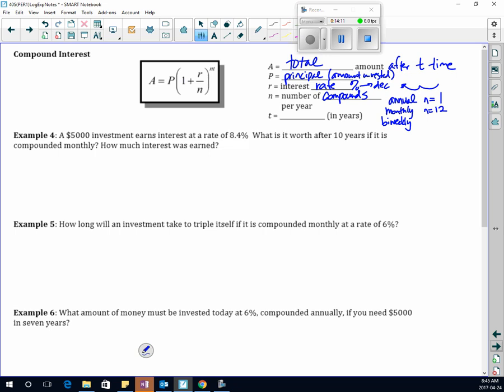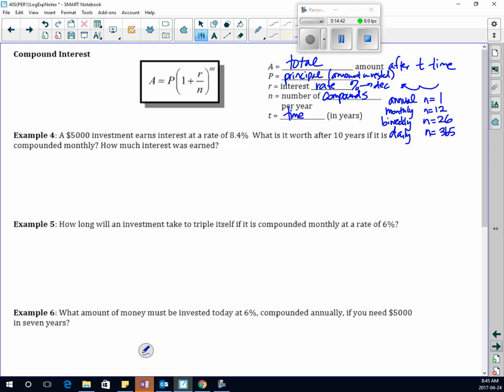What would biweekly be? Every 2 weeks. It's 26, yeah. Because there's 52 weeks in a year. Daily N is 365, although you might argue, but that's what they use, 365. T is the time in years.